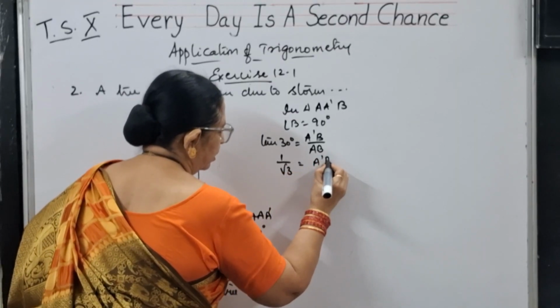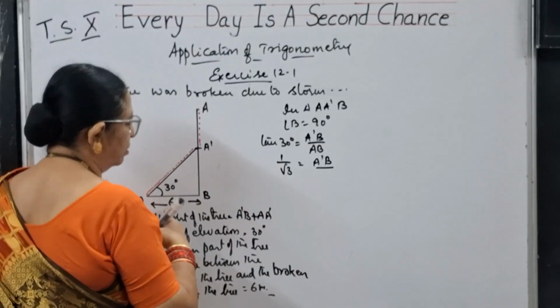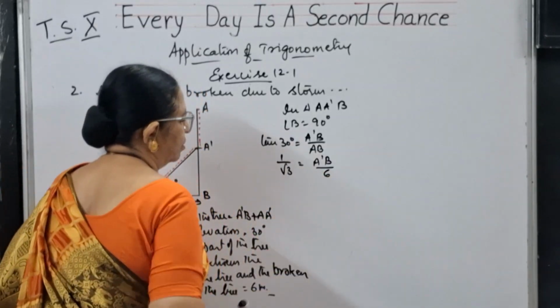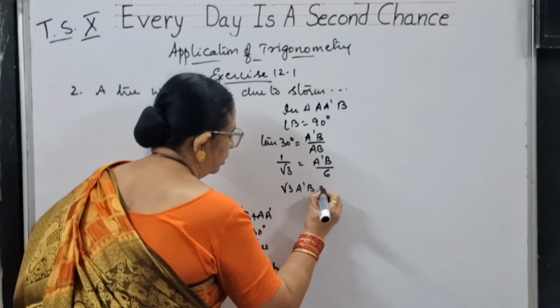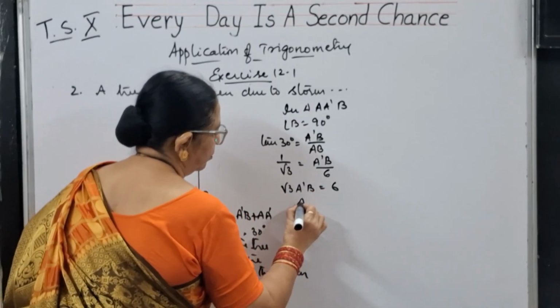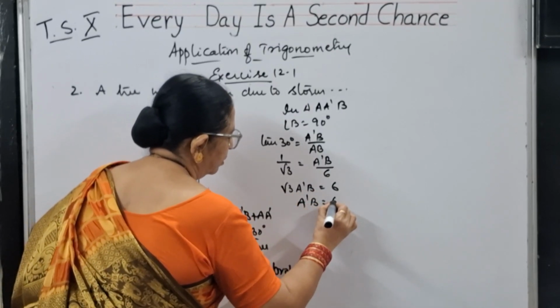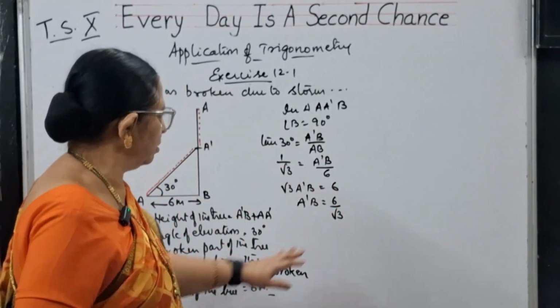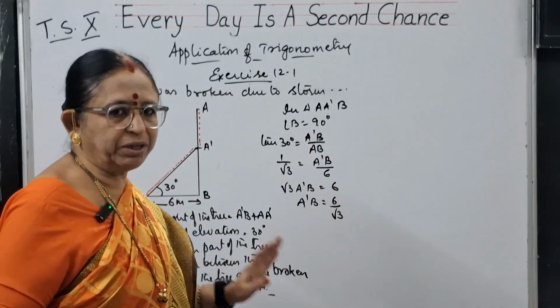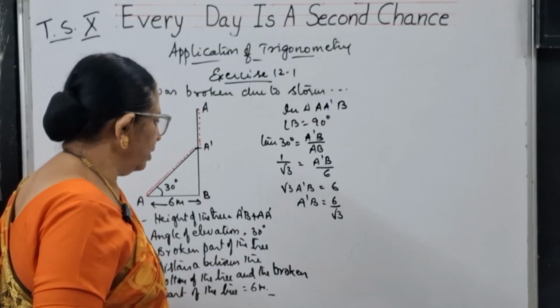This is A'B by AB measure is 6. So root 3 A'B is equal to 6. A'B is equal to 6 by root 3. So denominator irrational number is there. Let me keep it like this to proceed with the next part.